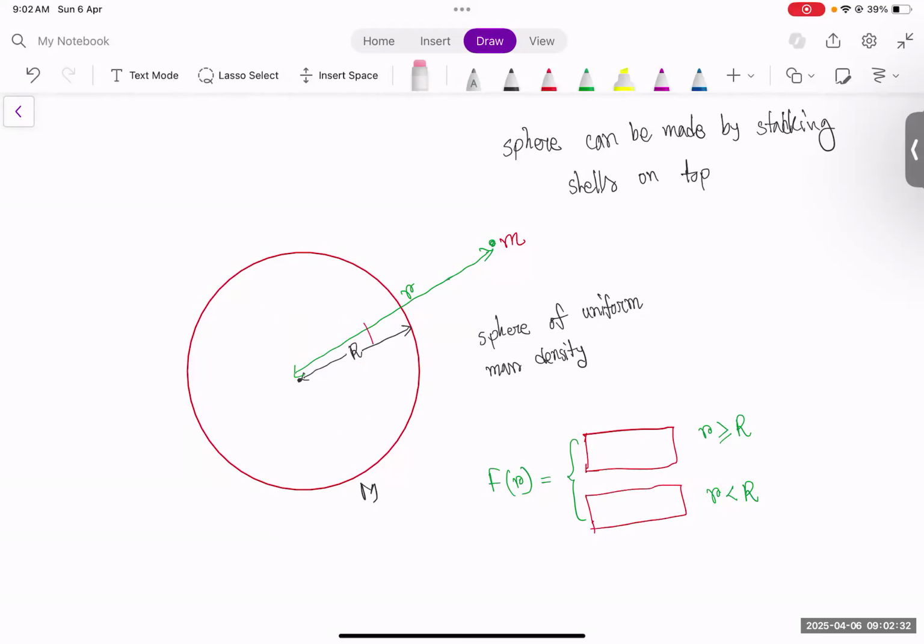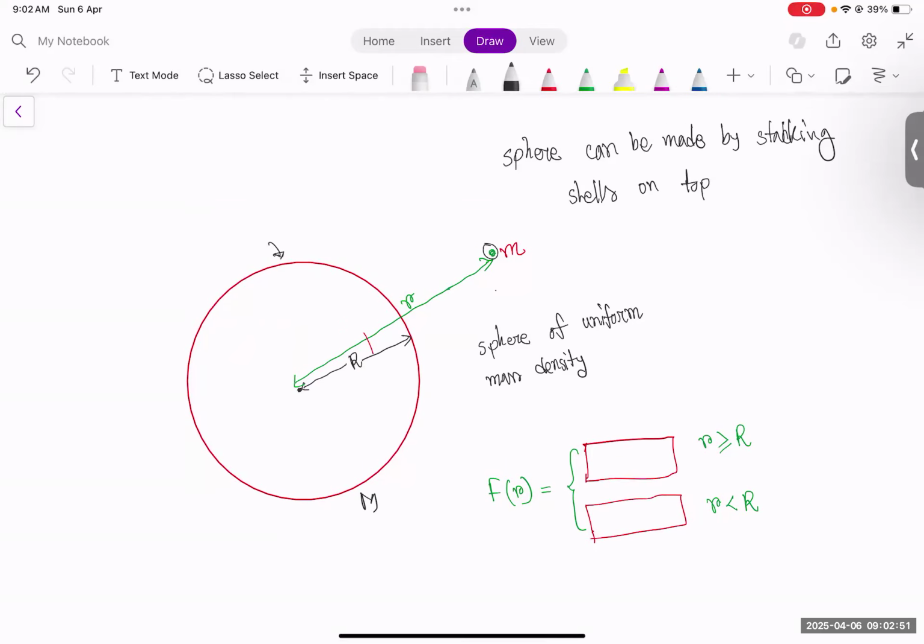Okay, so if that is the case, then look, I will have infinitely many shells, but for each shell my mass is outside the shell. The largest shell I will have is this one, the outermost one. So even for the outermost one, the point of interest is outside the shell.